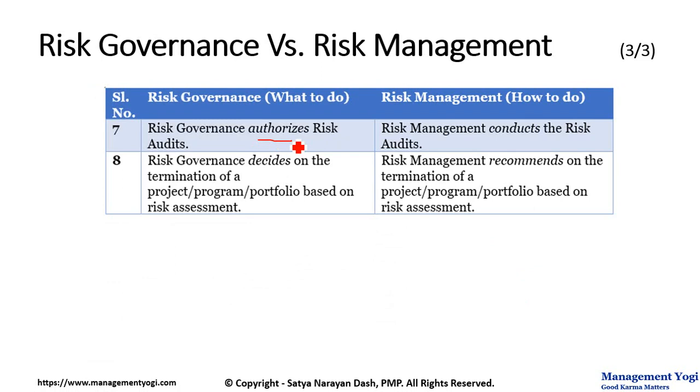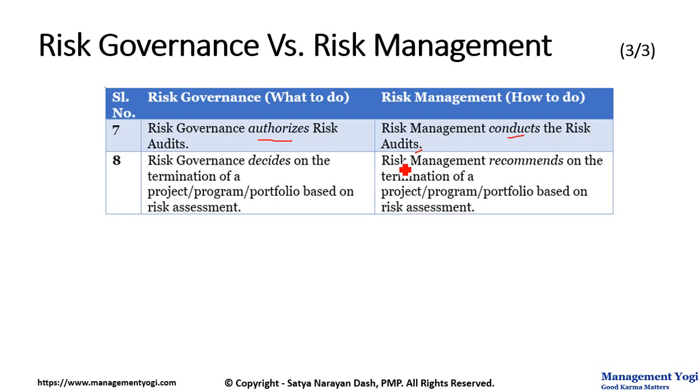Risk management, on the other hand, conducts the risk management process related audits. So this risk audits, the frequency in which it will happen, who will be participating in that risk audit, those will be documented in the respective risk management plans at the level of a project or level of a program or level of a portfolio.